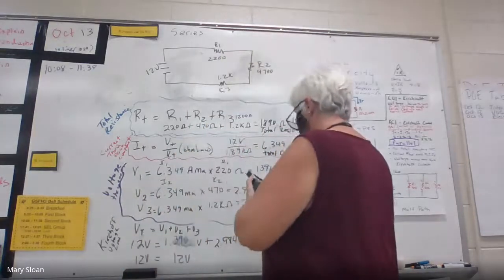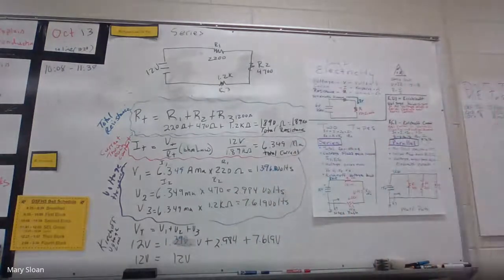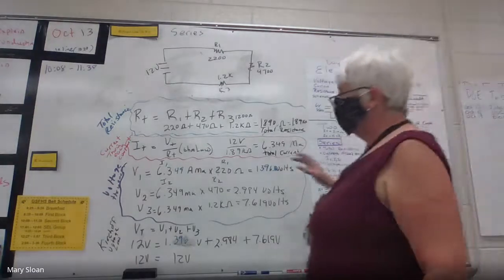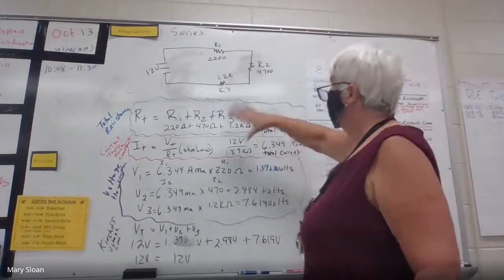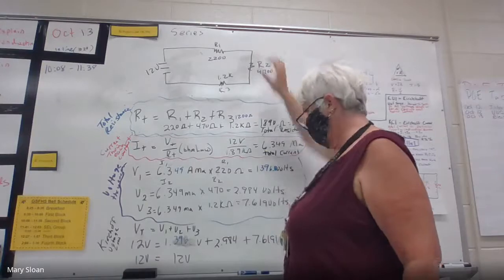1,396.78. Fantastic. So write that down right there. Then the next thing you're going to do is find your voltage two. We're taking the total current that we have, and this time we're working on this one right here.